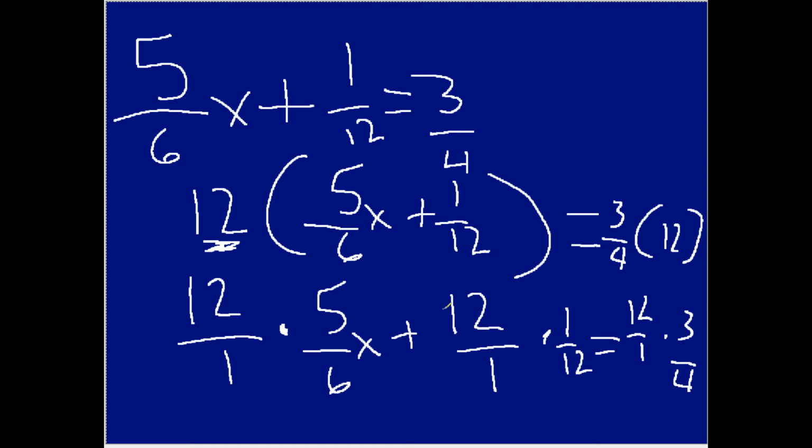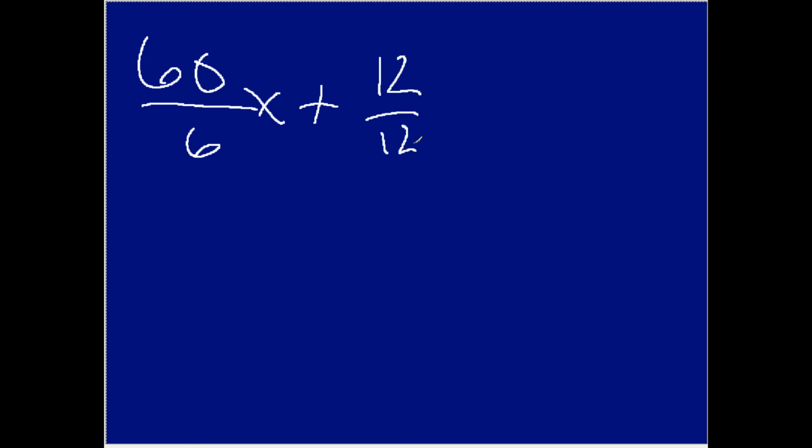That's what's happening. Let me go to the next screen and solve this for you. We had 60 over 6x plus our other number, 12 over 12, which is going to be 1, like so.